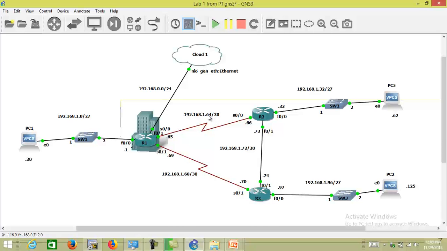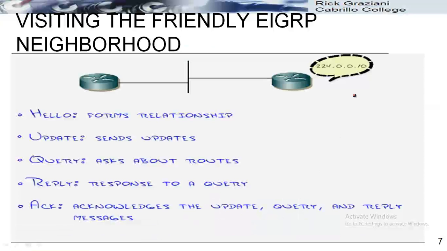All I have done is, for the /30 links, we had .64.68 which we had used. So I've just taken .72/30. This link will get .73, this will get .74, just so that we can explore some concepts and terminologies that go with EIGRP.